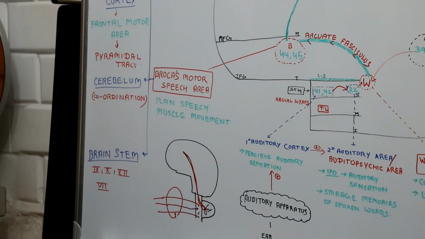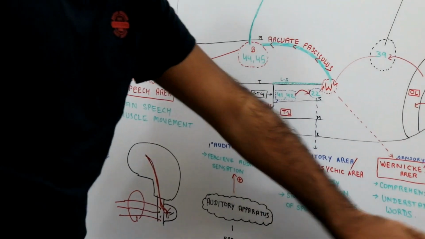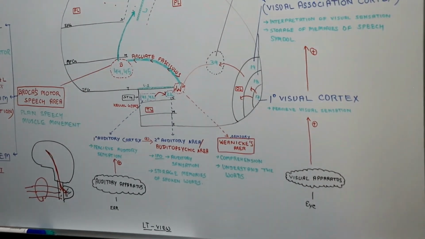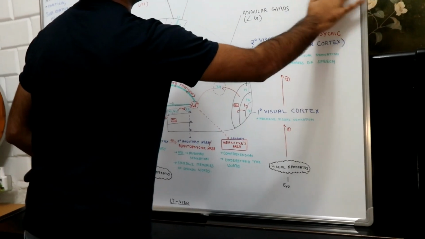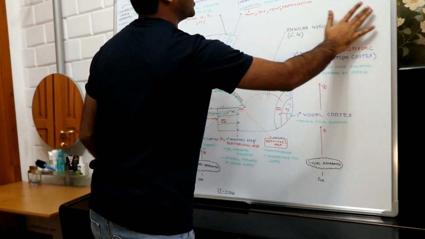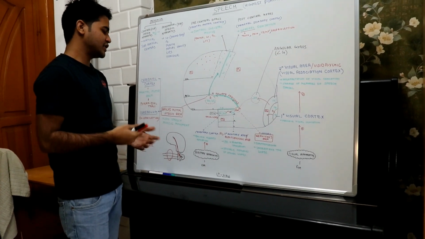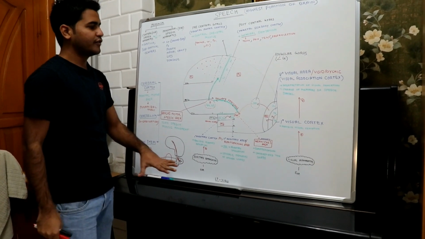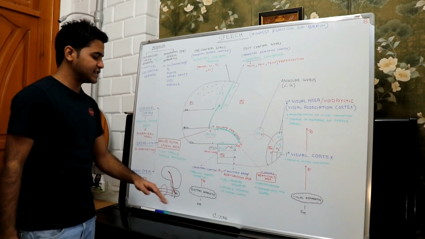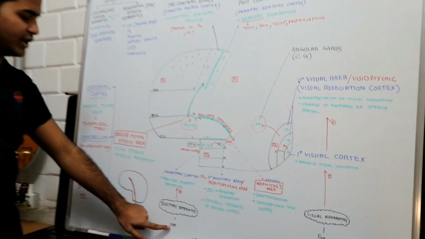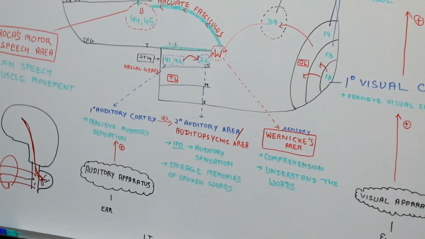Well, besides this, you receive impulses from the eye, and you also have heard impulses. You hear from your ear. If you receive impulses from your ear, these impulses will go toward the auditory apparatus.